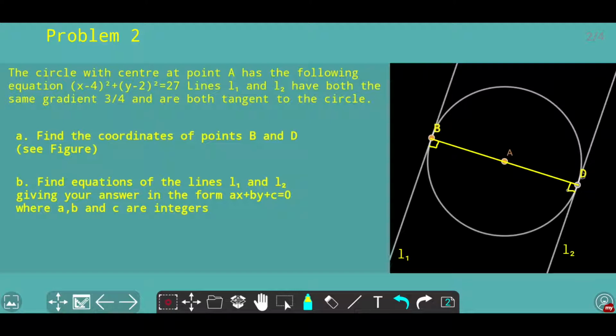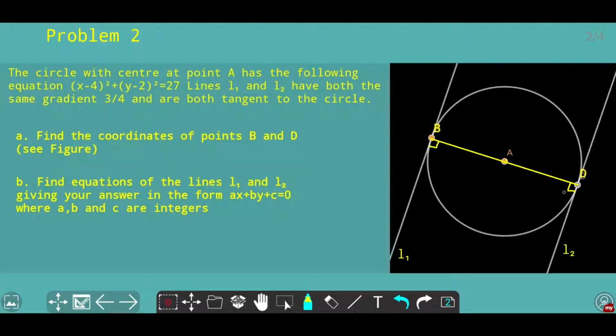Because the lines are parallel, the segment BD in general is also perpendicular to both lines L1 and L2, okay? And because they share the same point, you have the whole segment BD perpendicular to both lines. So that's the first plot that you need to do.